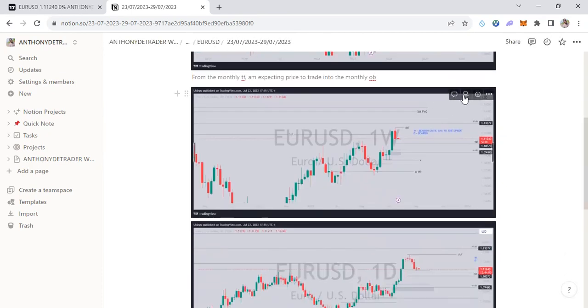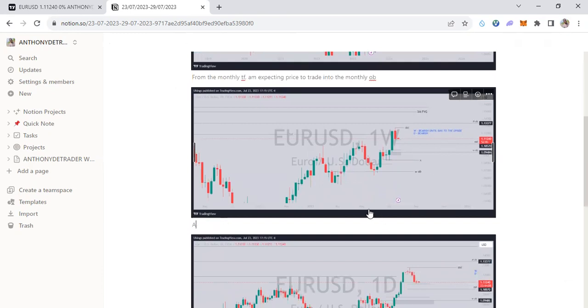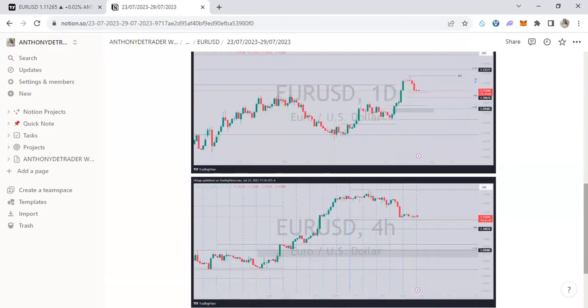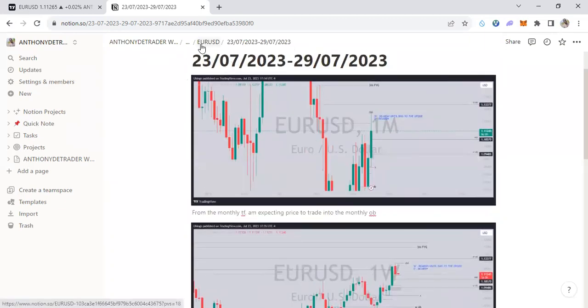Then on the weekly time frame, setting price. Trade. Okay, so that's it.